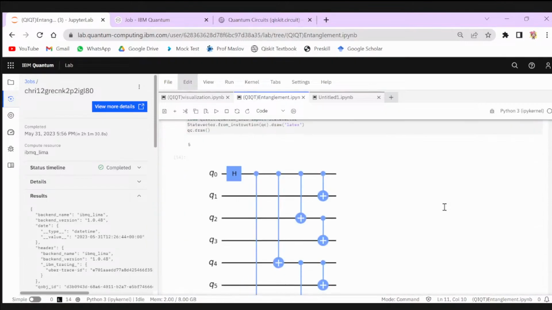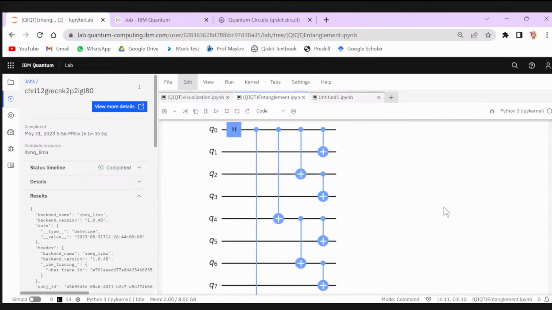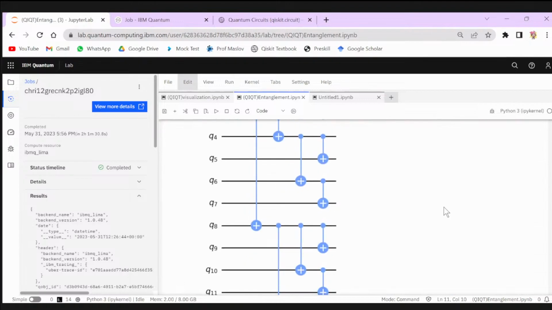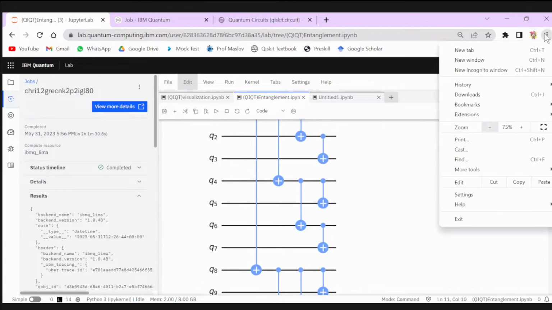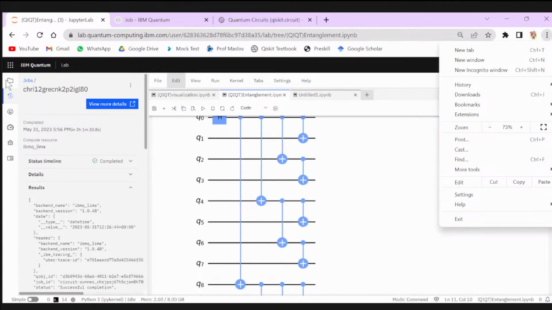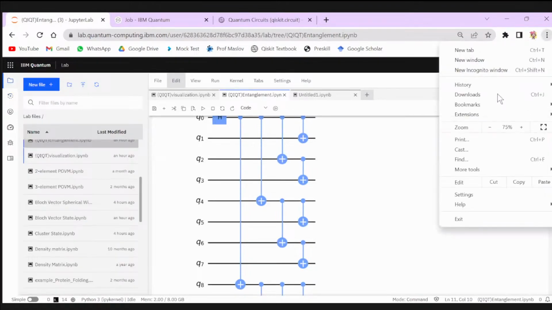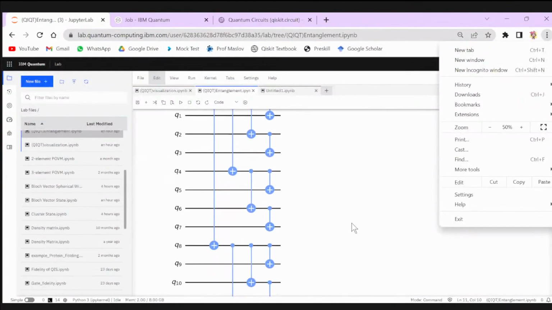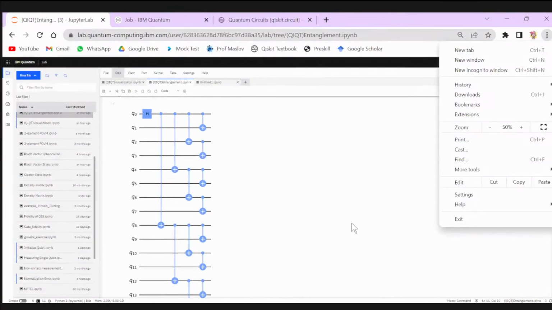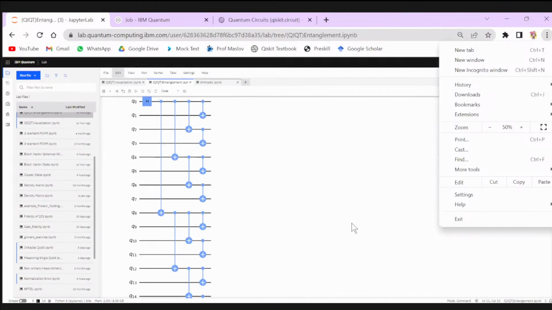If we make an entangled circuit like this, you can see the full circuit here. So how did I optimize the circuit?